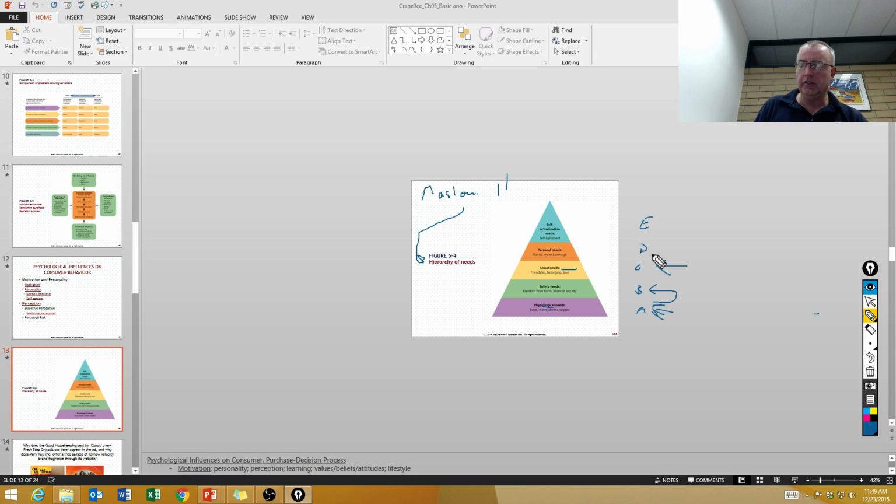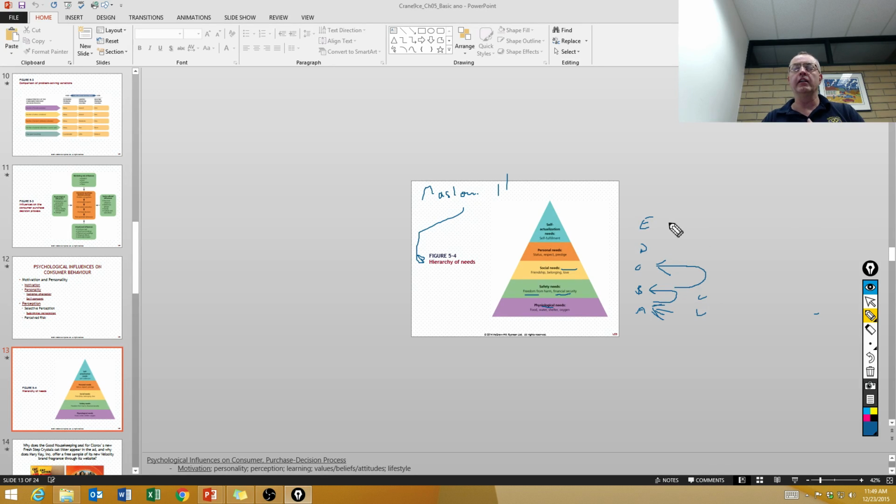So this is our need for shelter, need for financial security, so it's a need for work. And after we've satisfied the needs at these two levels, then we can devote our attention to satisfying our needs at this middle level, which are social needs. That's our need for companionship and a sense of group belonging.